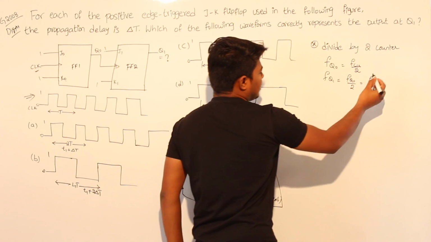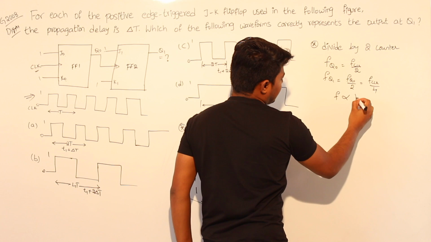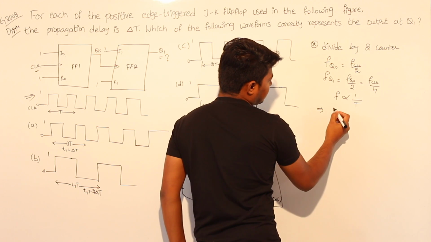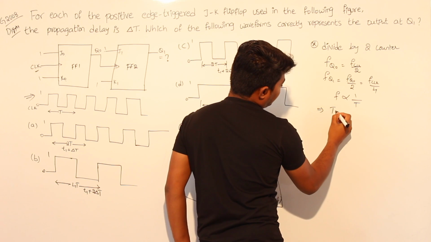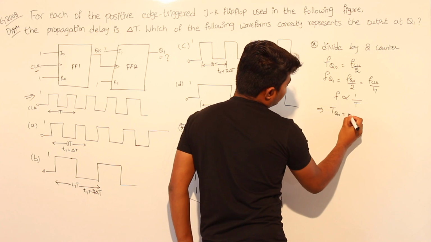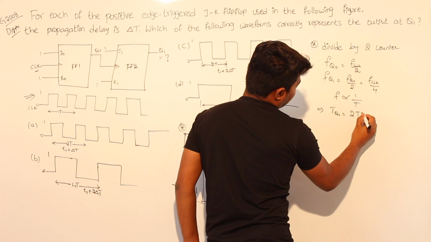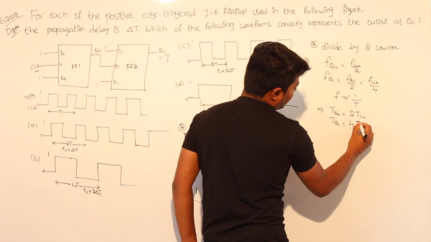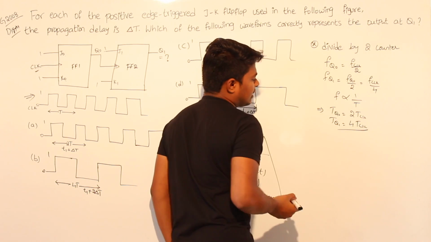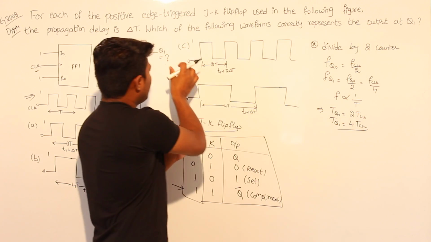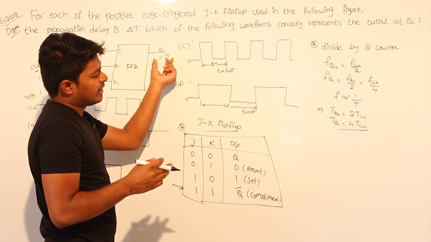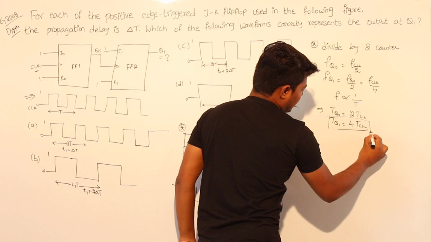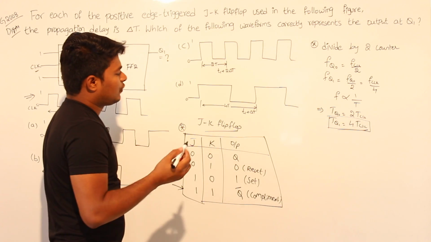Now as we know that frequency is inversely proportional to time period, it implies T Q0 equals 2t clock and T Q1 equals 4t clock. So by this we can conclude that at Q1 the time period equals 4t.